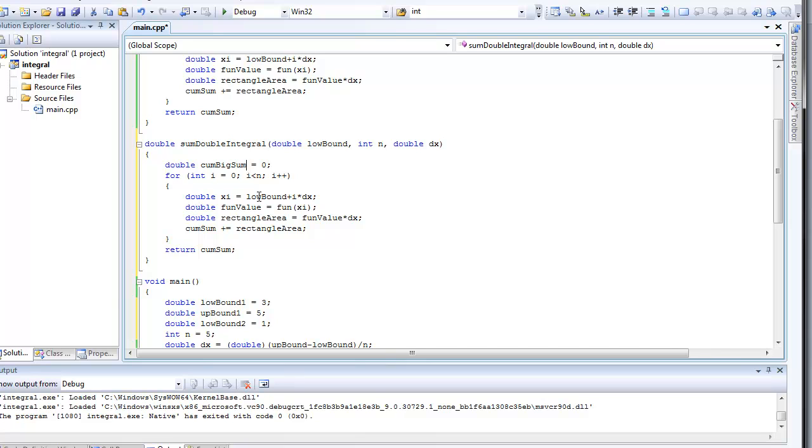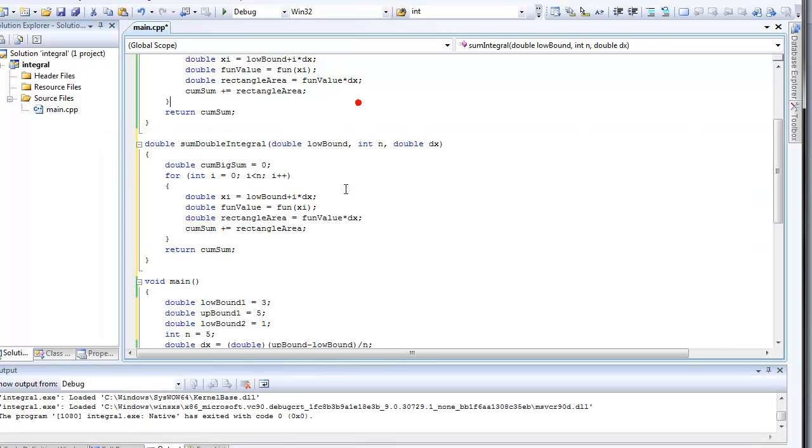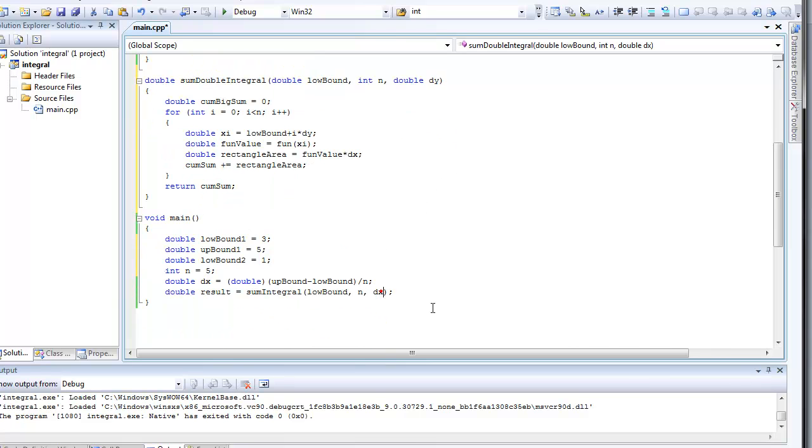And we definitely want to keep this because we will be determining the value of this. But notice that this is called dy, so let's call it dy. It's not that important. And this is going to be upper bound 1 and low bound 1.